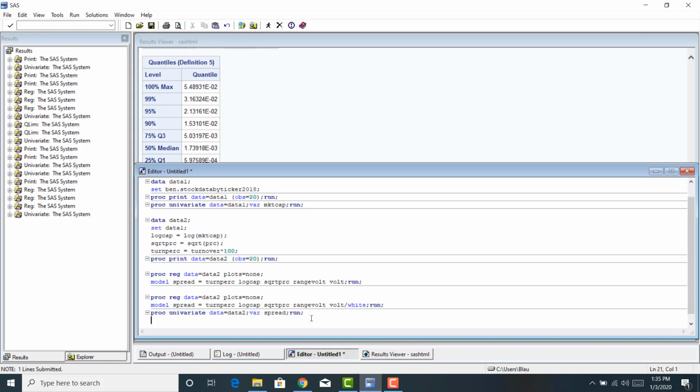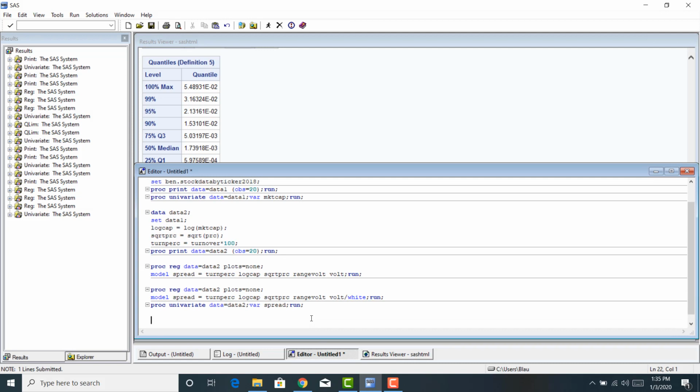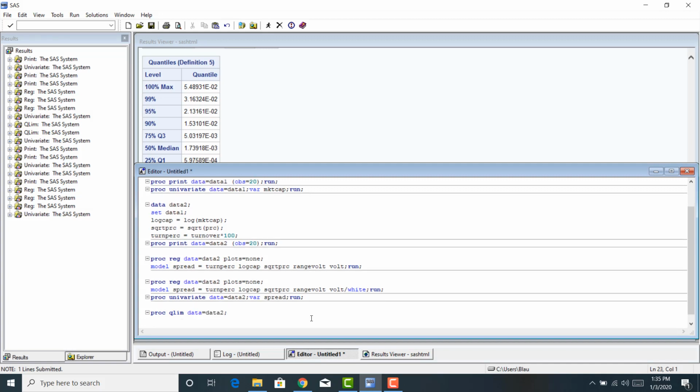So a couple of things that we can do here. We can run another type of regression. We can account for the truncation of the dependent variable at 0, or the censoring at 0, by running proc qlim data equals data2. Okay, I'm going to include my model statement.